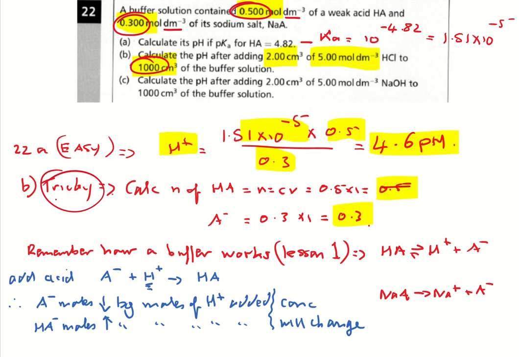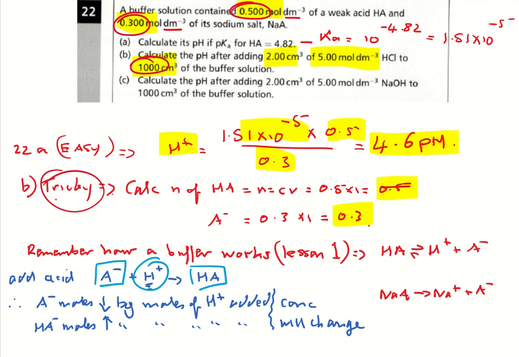Right. Now let's remind ourselves from lesson 1 how a buffer actually works. A buffer works when you add acid to it. If we look here, we add acid to it. It reacts with the A- ions, the salt ion, to give you acid.